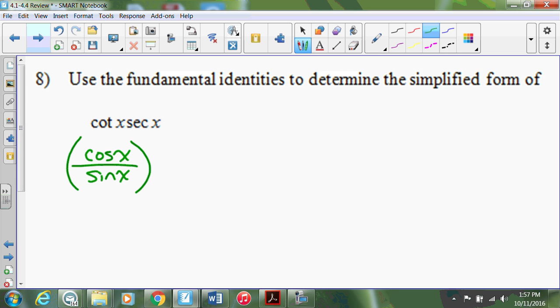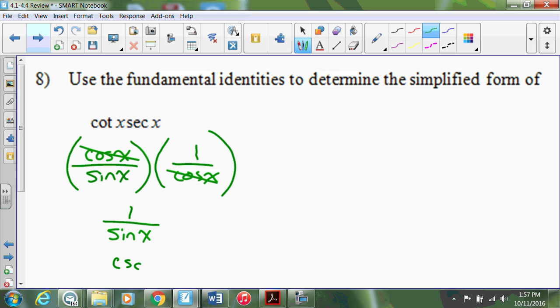So secant x is the same thing as 1 over cosine x. Because we just have multiplication going on here, we can cancel out cosine x, which leaves us with 1 over sine x. And 1 over sine x is cosecant x. So it's pretty cool to think that this is the same thing as cosecant x. It's like cosecant x in disguise.